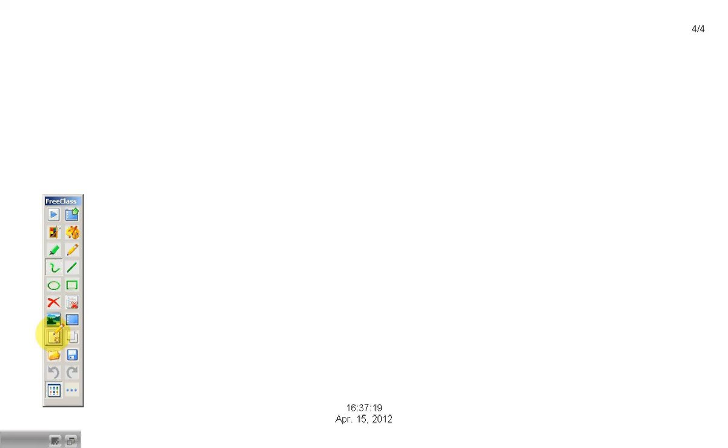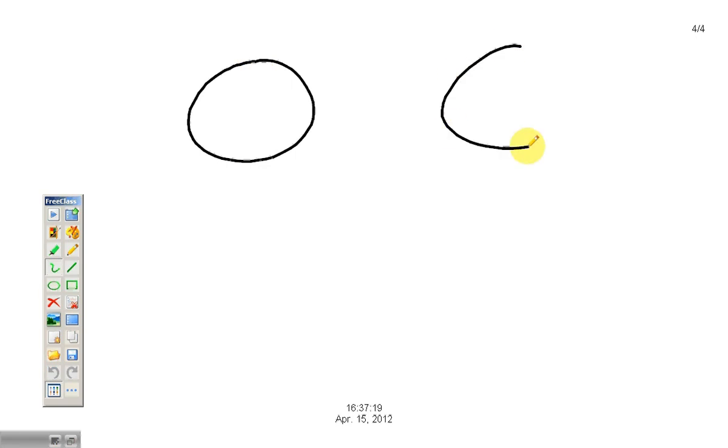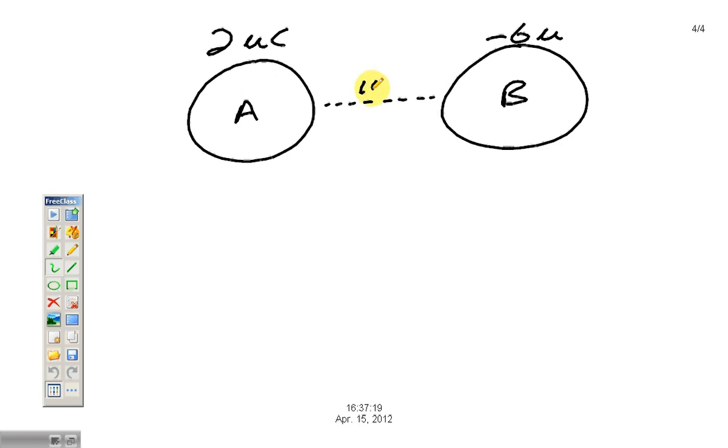If I've got two spheres, let's hope that these look something similar, identical spheres A and B. We've got these two spheres, and each of them has a charge. Sphere A has a charge of 2 microcoulombs, and sphere B has -6 microcoulombs, and the distance between them is 100 millimeters.